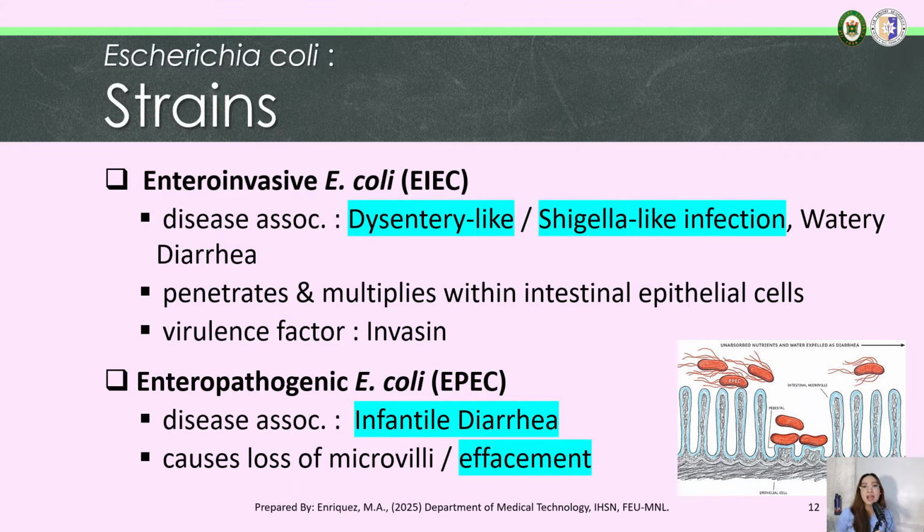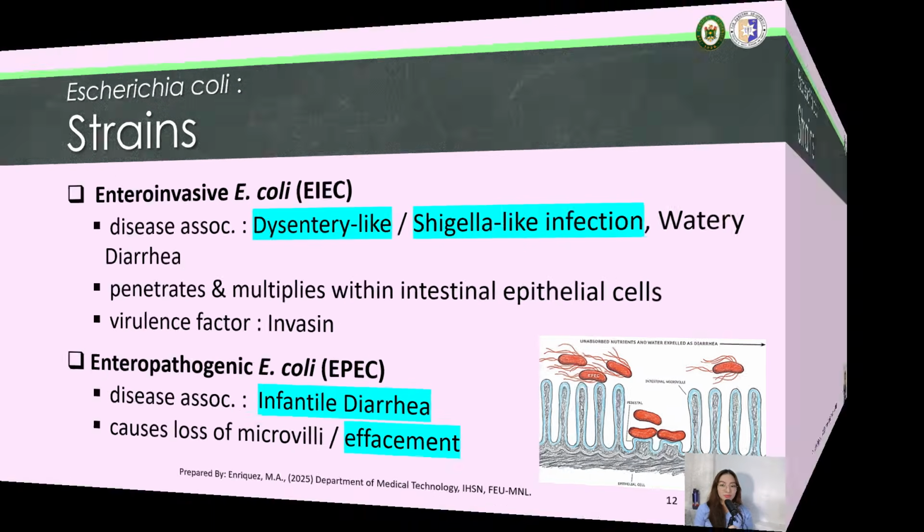Now, this damage to the structure of the microvilli would in turn affect its function, which is absorption. So, this may temporarily hinder the capability of the gastrointestinal tract to absorb nutrients. So, again, that's for the enteropathogenic E. coli or the EPEC strain.